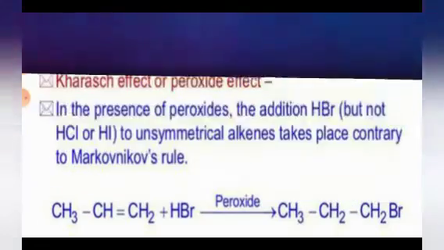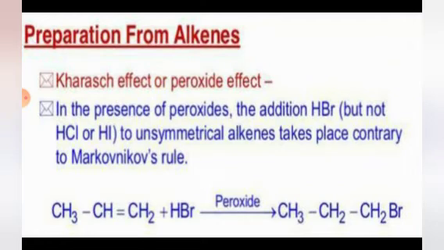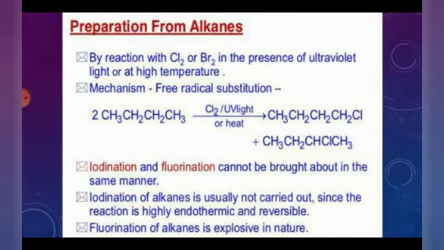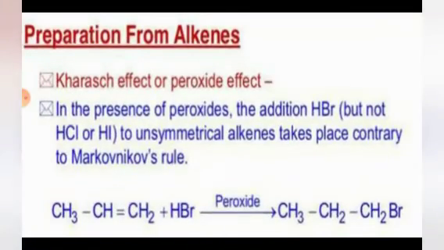See students, now I will discuss the second method, preparation from alkenes. Now what will happen in this case? An alkene is converted into corresponding alkyl halide by the reaction with hydrogen chloride, or hydrogen bromide or hydrogen iodide.